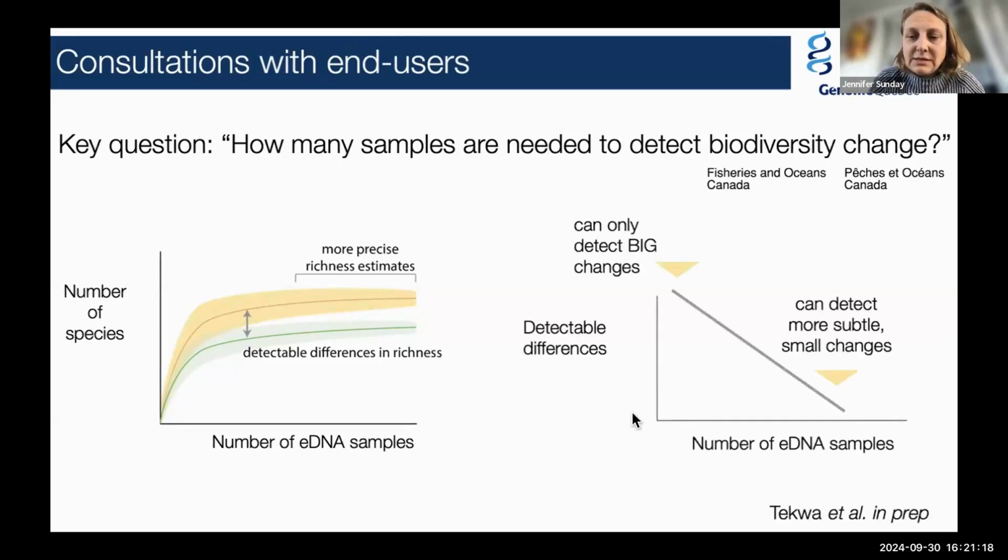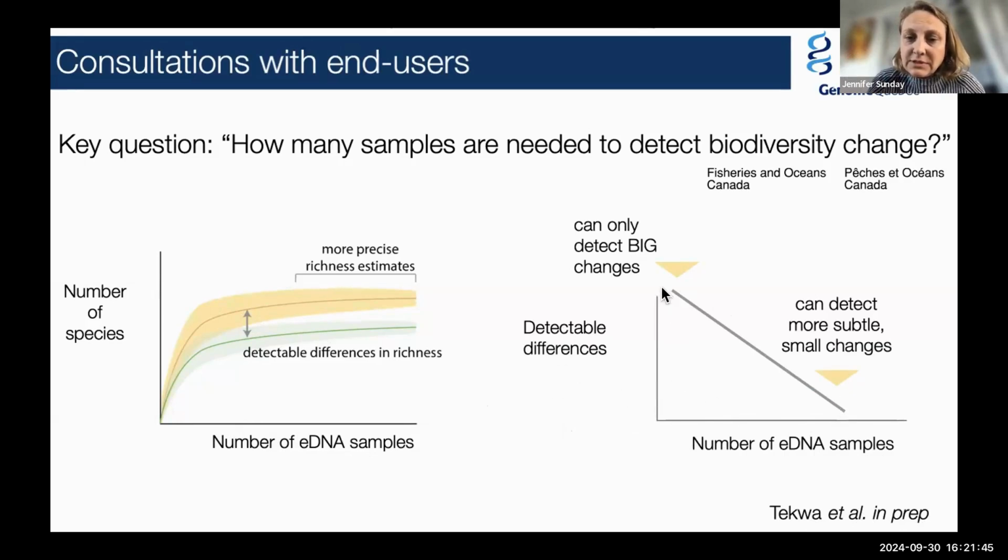And for this is a project that Eden Tekwa is leading, where we're trying to characterize this relationship and say, look, as we have more samples, we have more confidence in differences that we're seeing. And then we could characterize this curve, which takes a little bit to think about, but it's as you have more samples, you can detect more subtle changes.